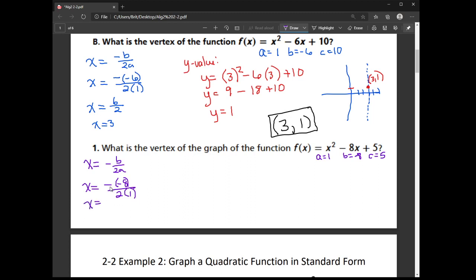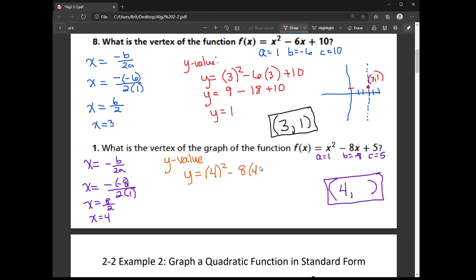This turns into a positive 8, because of that double negative, over 2. So our x value is 4. If I'm writing out my solution, I have my 4 for my ordered pair so far. Now to find the y value, we take that 4 and plug it back in. So I have y equals x squared, so 4 squared, minus 8 times 4 plus 5.